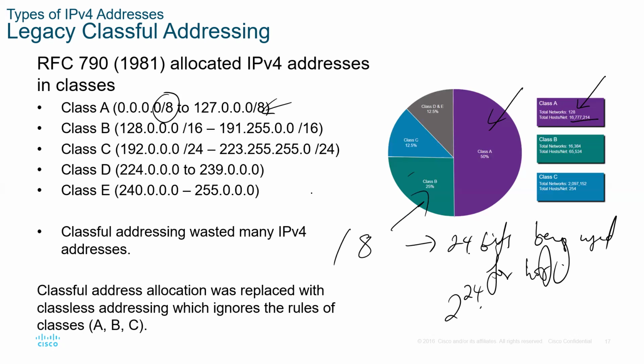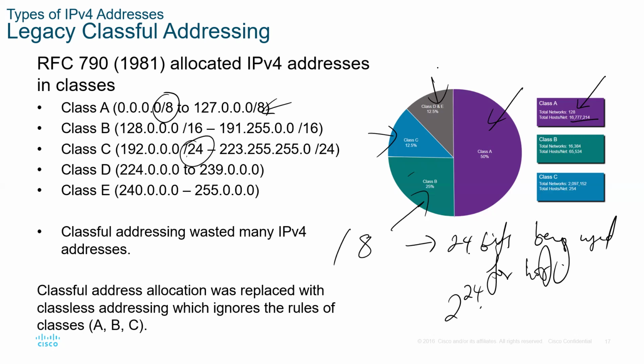So for 16 million, I use class A. If I have around 60,000, I use class B. If I have around 254, I use class C, because class C has /24, which means 8 bits for the hosts, 2 to the power of 8, 256. Class D and E were reserved classes. Class D was used for multicast addresses, and class E was an experimental block, reserved, not sure for what use.